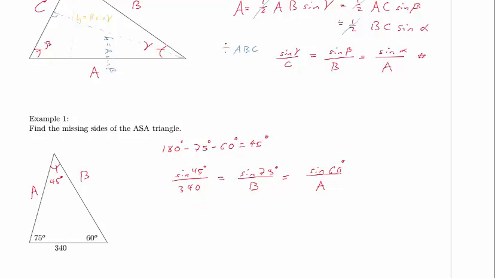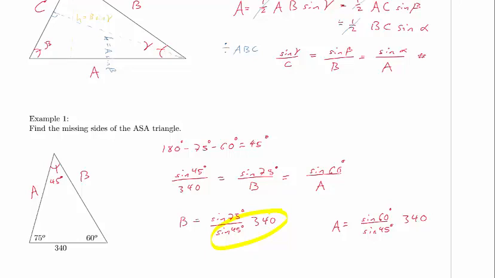When we do, we find that b equals sine of 75 degrees divided by sine of 45 degrees multiplied by 340. And then we find that a equals sine of 60 degrees divided by sine of 45 degrees multiplied by 340.